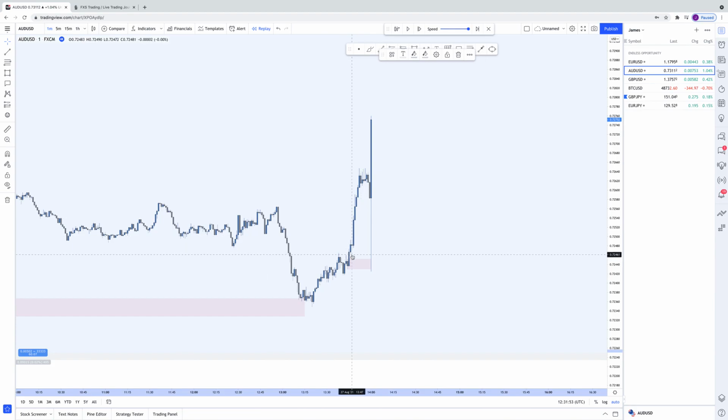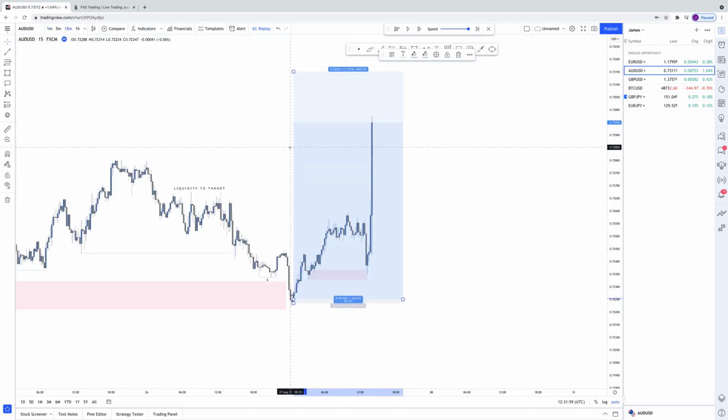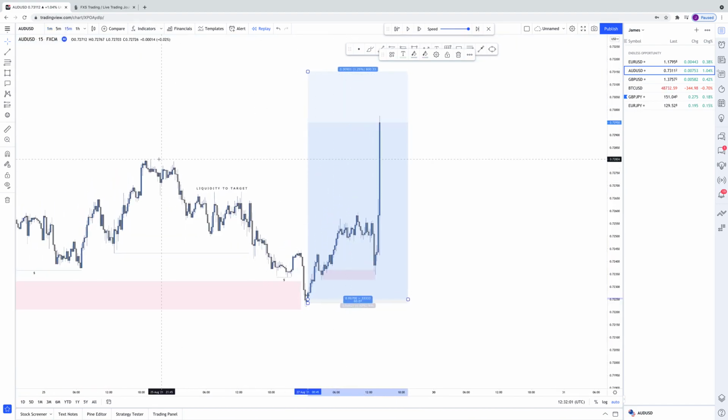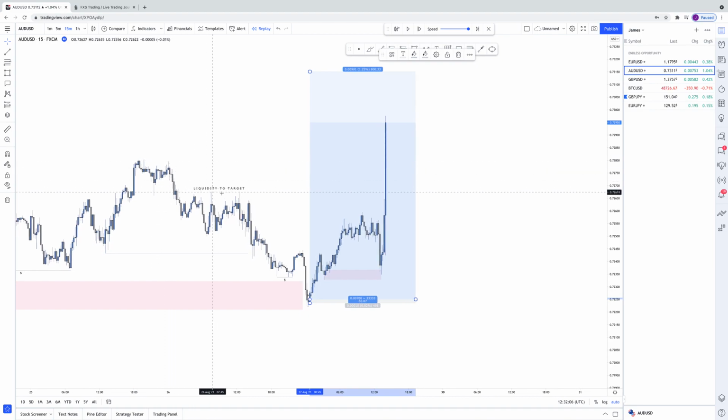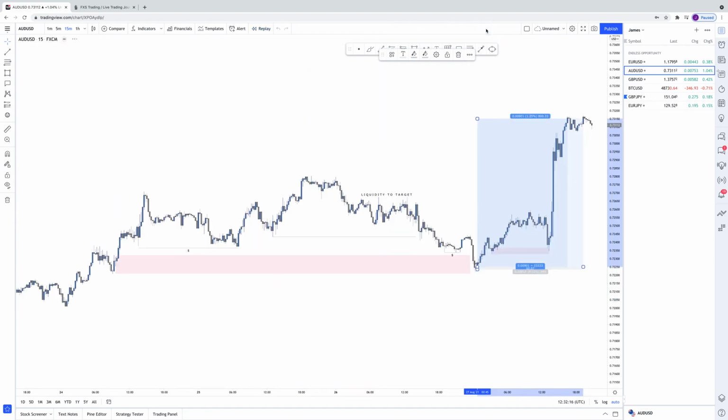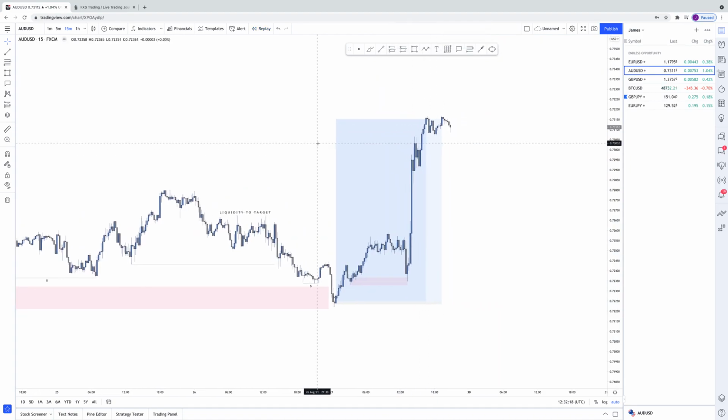All orders have been mitigated, and price can then continue. On the 15 minute, you can see that high gets aggressively taken out because it now has a reason to. We also had liquidity to target from equal highs, and if we come out of replay, we can see that's where price is now.